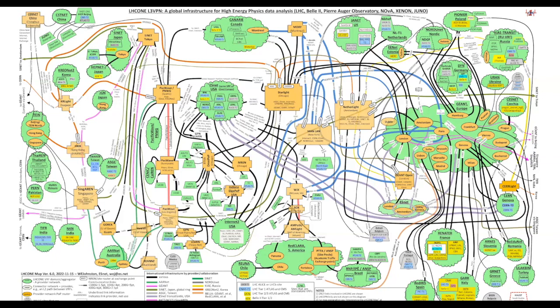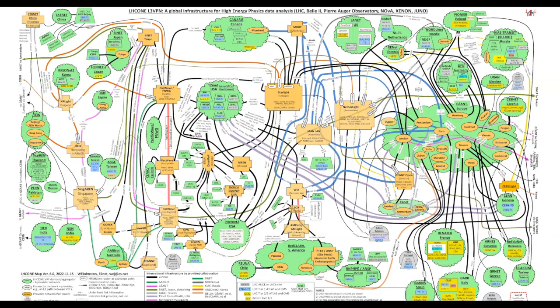So what if we, for example, want to get some data from the LHC and we are having low throughput or can't load the data at all? It means that something in this network on the way to us is broken or having some troubles.